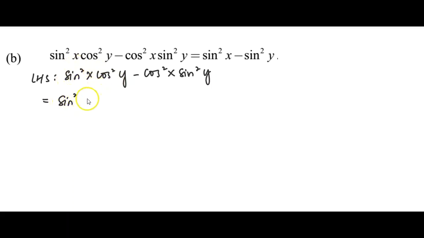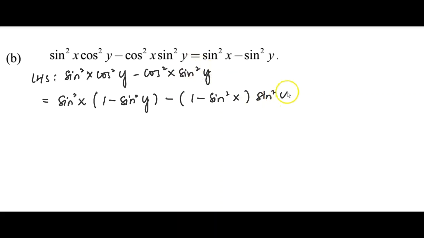Here you have sine square x, just copy down, and the cos square y I will replace by 1 minus sine square y by using the first identity, and the cos square x here is going to be converted into 1 minus sine square x, also using the first identity, multiplied by sine square y.